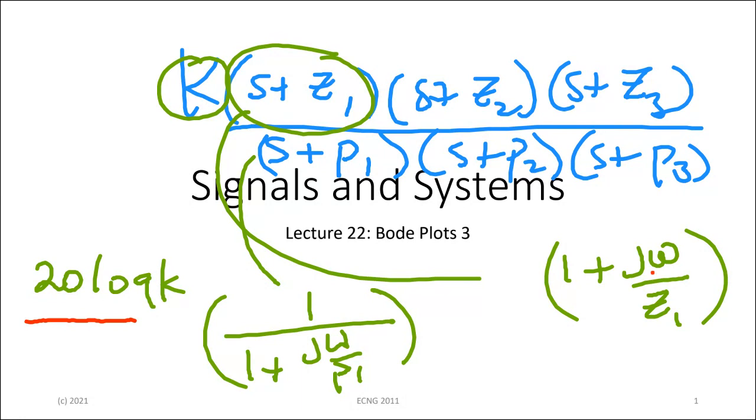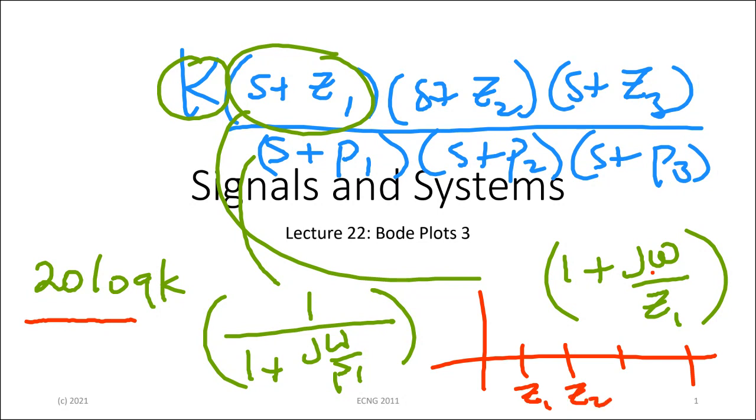For the zeros, all of the break frequencies, you're going to plot z1, z2, z3, z4, right? And you're going to plot the p1, p2, p3, p4, etc. Each zero is going to go to its respective corner frequency and increase at 20 dB per decade, so you keep all of them nice and parallel, right?